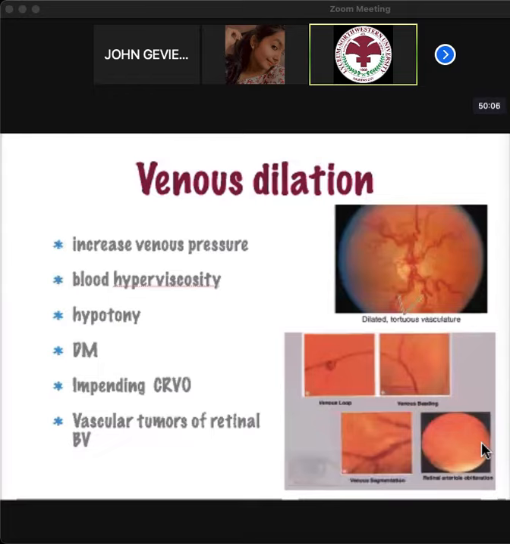Retinal arteriolar obliteration shows ischemic vessels. However, venous dilatation is seen in increased venous pressure, blood hyperviscosity, hypotony or low intraocular pressure, diabetic retinopathy, central retinal vein occlusion, or vascular tumors of the retinal blood vessels.